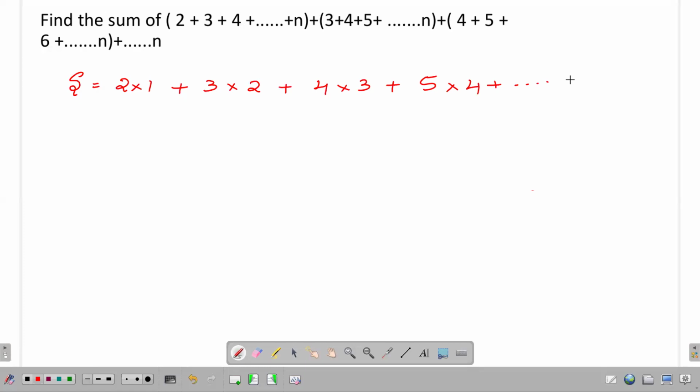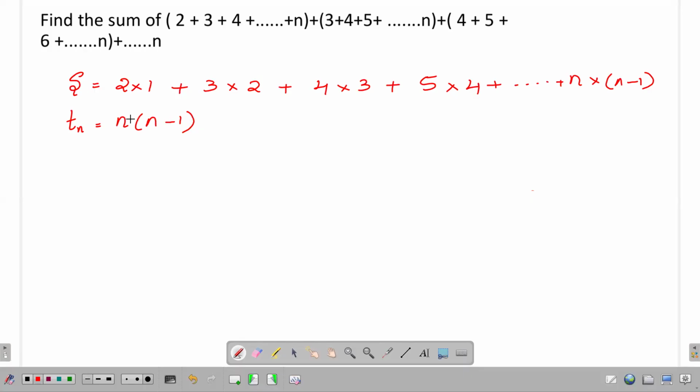You are adding it up to n terms, no? This n will be coming n minus 1 times. You got it? So that is what the series is all about. 2 into 1, 3 into 2, 4 into 3, 5 into 4, etc. n into n minus 1. Okay, so I can also see that the expression for the nth term is n into n minus 1.